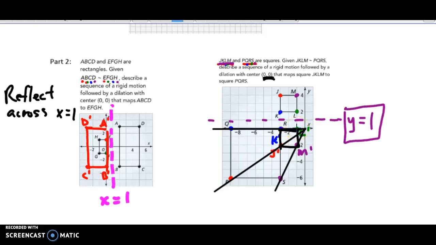So I don't have to make any other changes. So all that I had to do was reflect across the line y equals 1, and then I do dilate, so now I need to figure out what my scale factor is.